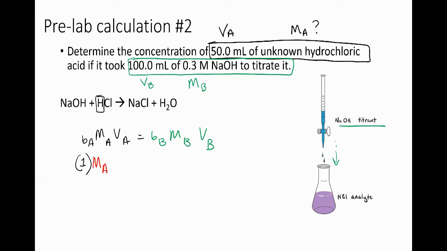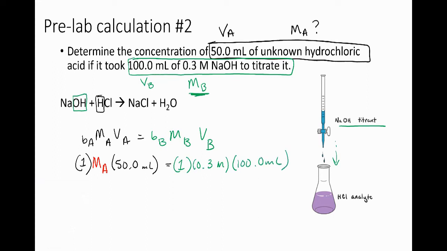The volume of acid, they told us that we started with 50 milliliters in our flask. Now, let's look at our Bb, our number of basic parts. We have one hydroxide there, so our Bb will be 1. Our molarity of base was 0.3 molar, and our volume of base was 100 milliliters.